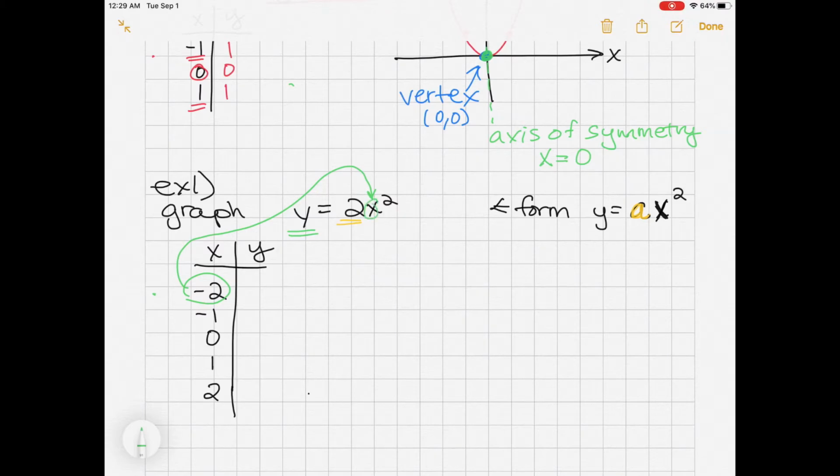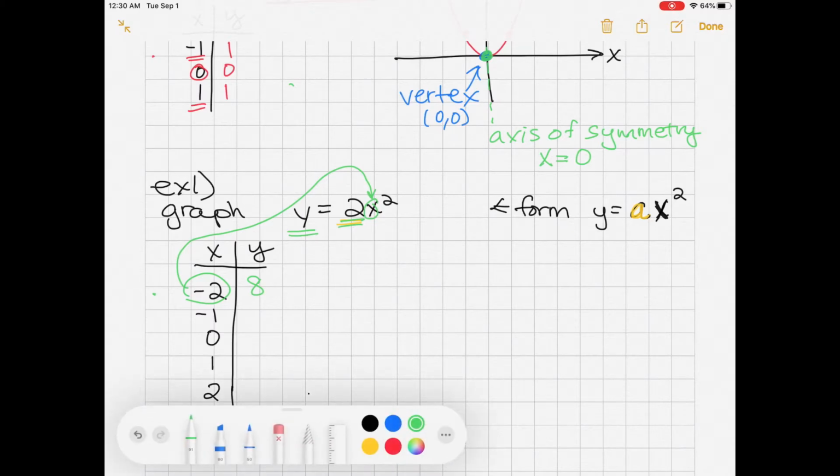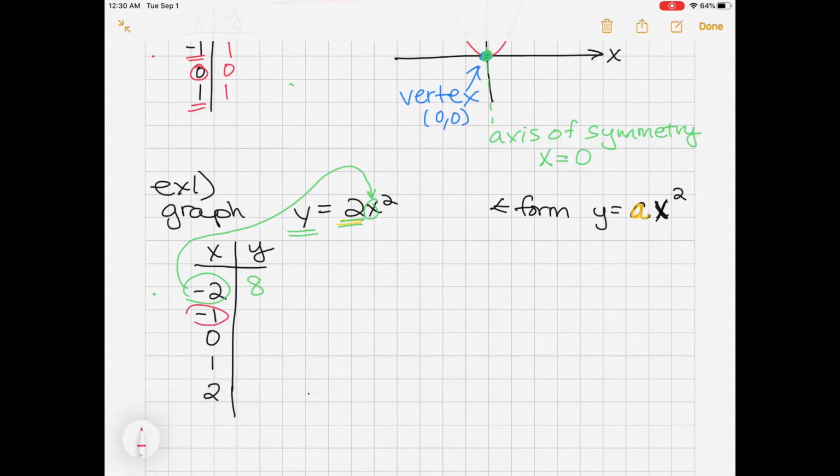Negative 2 squared is positive 4, times 2 is 8. Negative 1 plugged in for x is negative 1 squared, which is positive 1, times 2 is 2.